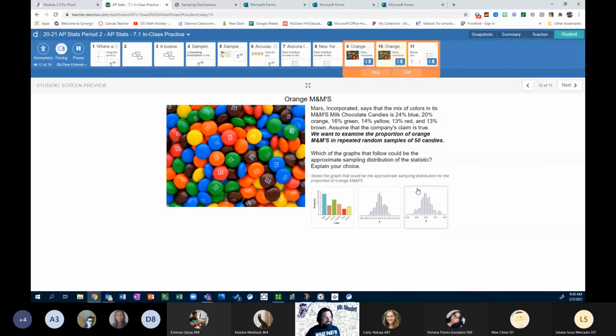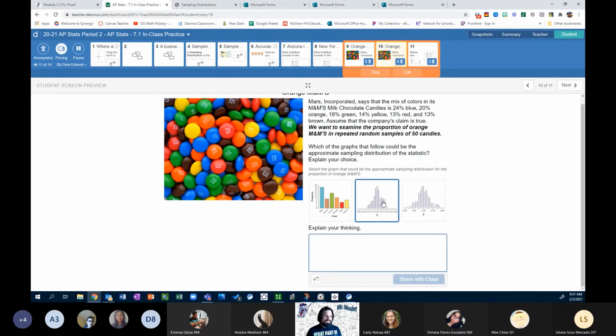The second and third are both dot plots, which show a collection of the proportion of orange. They're both p hat. The one in the middle could be the approximate sampling distribution for our statistic of proportion of orange because it has a mean or a center of 0.20, which corresponds to the 20% orange that is the actual proportion from our population.